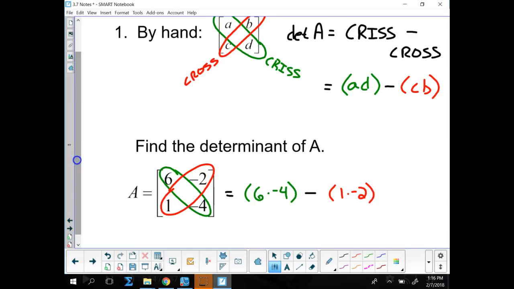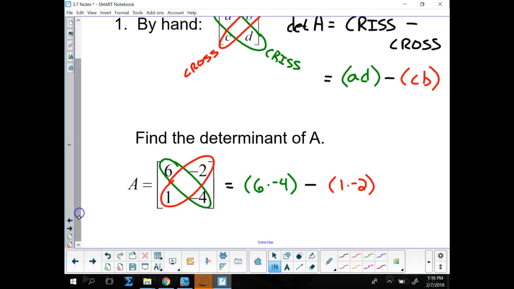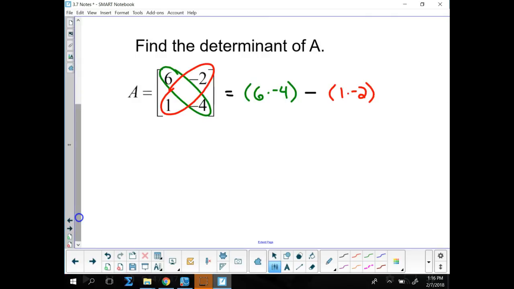Six times negative 4 is negative 24. One times negative 2 is negative 2. When I'm subtracting a negative, that's really like adding, right? So this value here, the determinant of A, is negative 22.